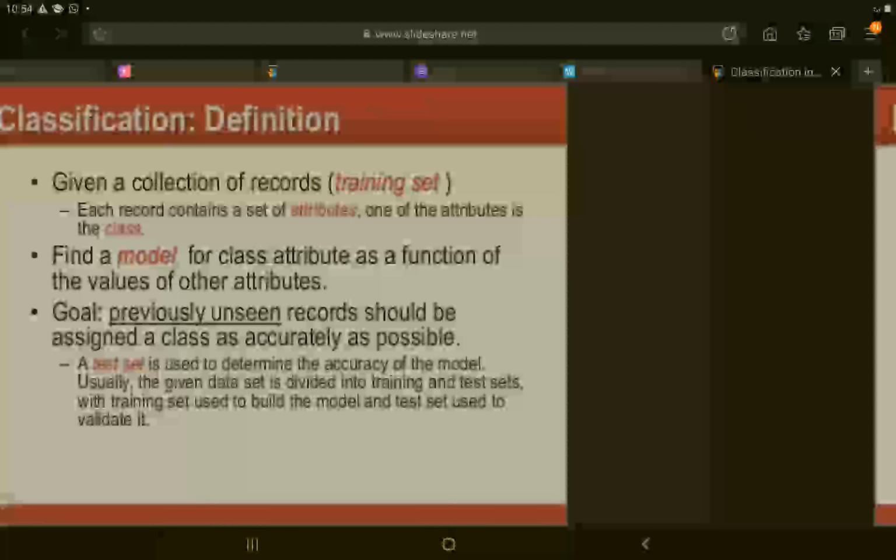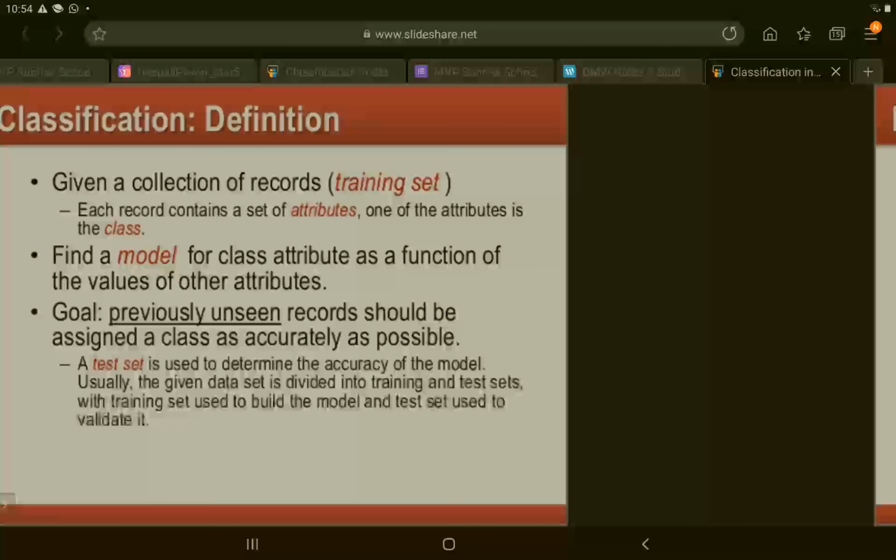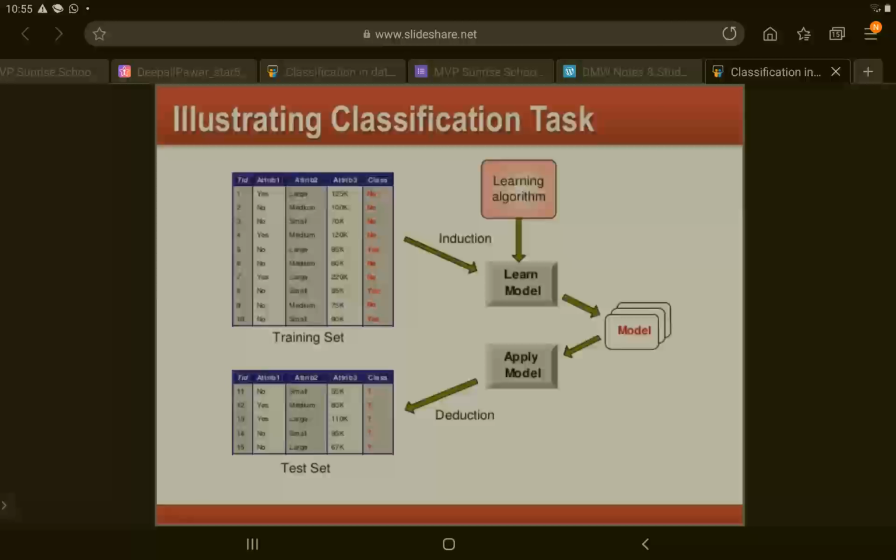On the next slide, just concentrate here. This is one important part, the classification task. First, focus on the training set. The training set that is given, we use to train or learn the model using a learning algorithm.